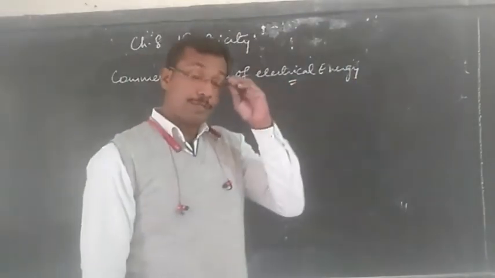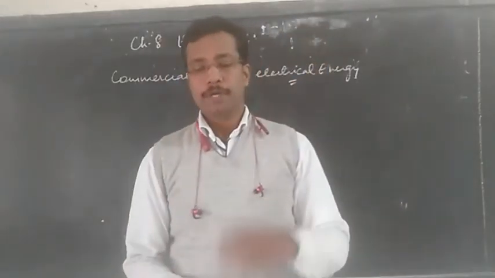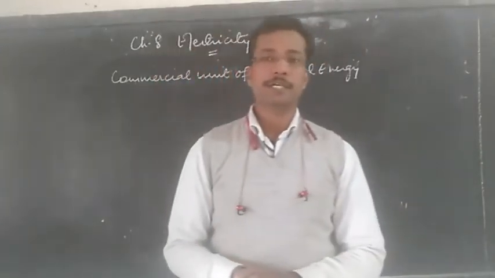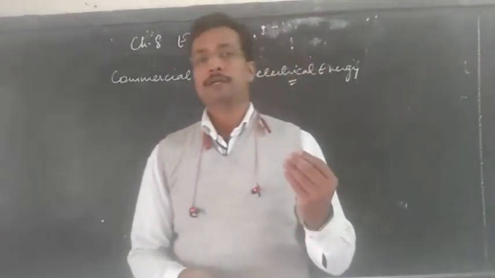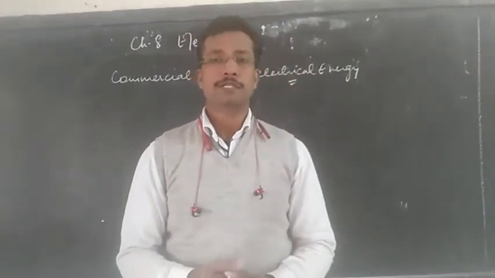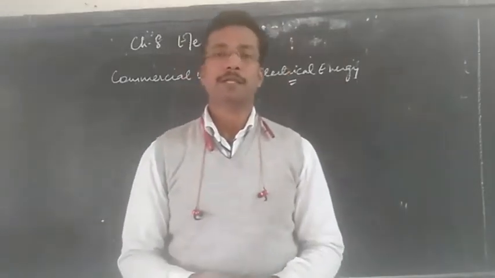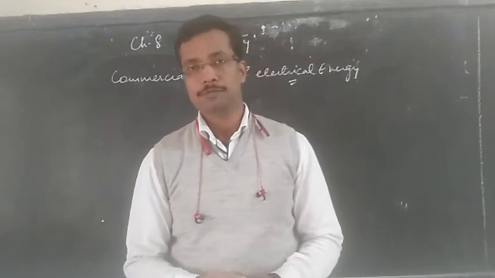And this is called commercial unit because you know that when we consume electrical energy, accordingly the cost of the consumption of electrical energy is calculated and the electricity bill is sent by the electricity department to you.